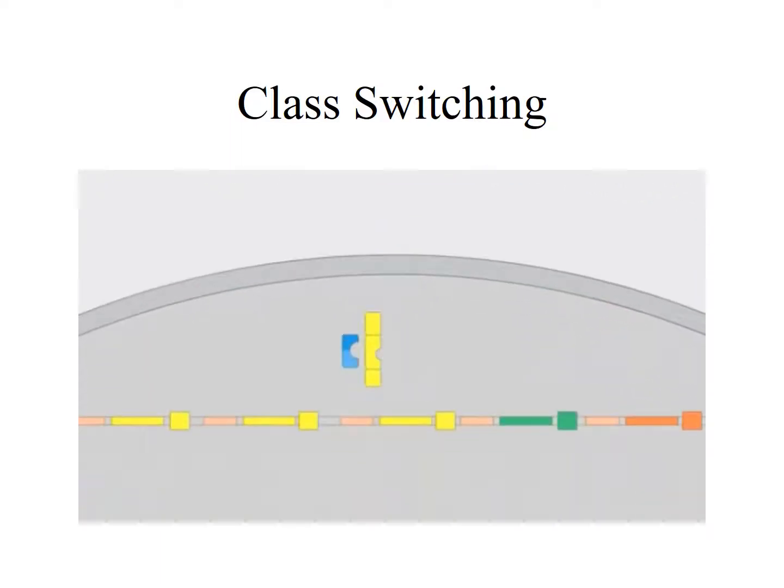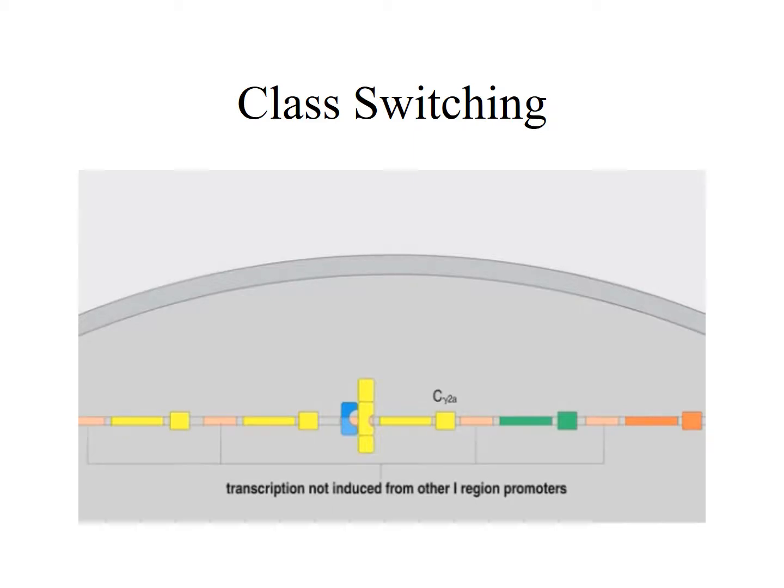These transcription factors cooperate to selectively induce the transcription of the I region promoter upstream of the C-gamma-2A constant region. However, they do not induce transcription from other I region promoters, such as C-epsilon or C-alpha. The different transcription factors activated by the cytokines determine the specificity of I region activation. In this case, activation of STAT1 by interferon gamma leads to the activation of the I region promoter for C-gamma-2A.